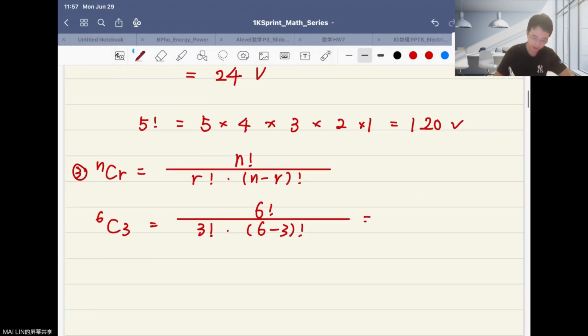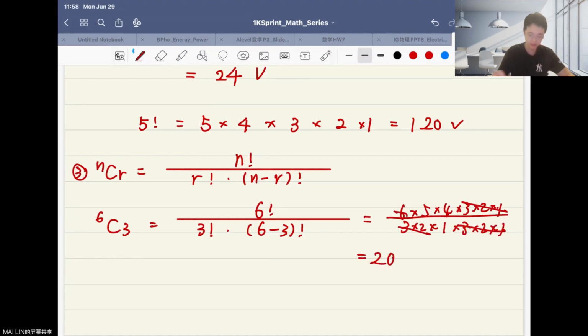So it can be written down as 6 times 5 times 4 times 3 times 2 times 1 over 3 times 2 times 1 times 3 times 2 times 1. So you can just divide it and that is 20, okay? That is how to calculate 6C3. That also means if you are choosing three items from a total of six items, there are 20 methods, or 20 choices, for you to choose it, okay?